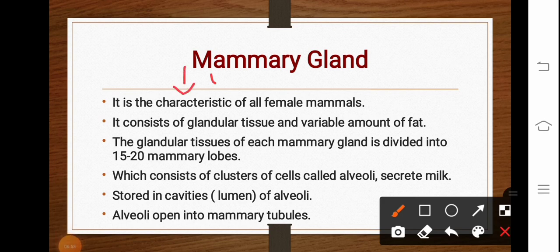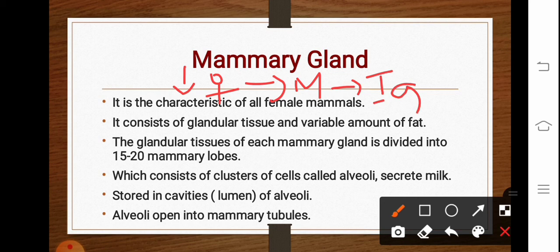The mammary gland is well developed in females, which have the capability to secrete what? Milk. Agree? And this milk is a very important secretion because it has different kinds of immunoglobulins. What do you mean by immunoglobulins?